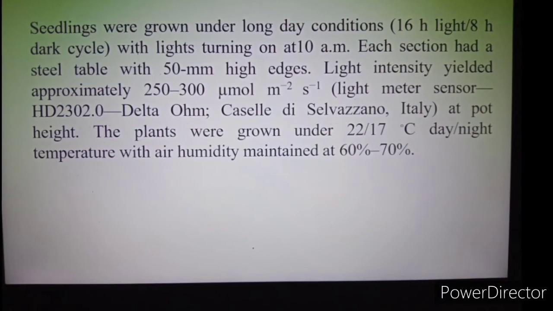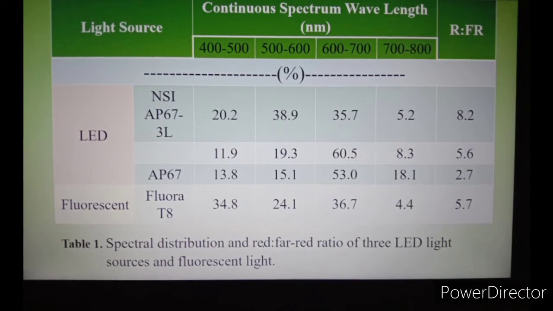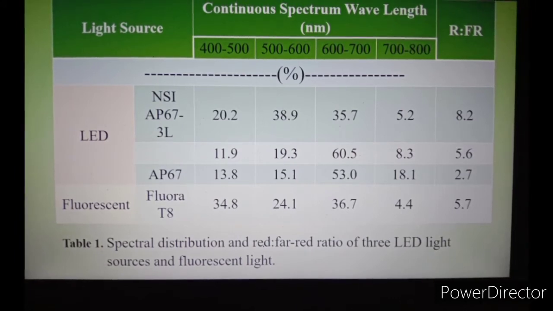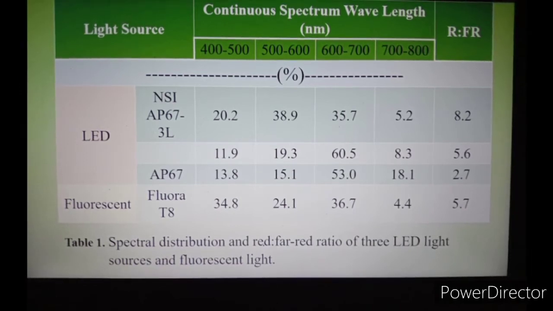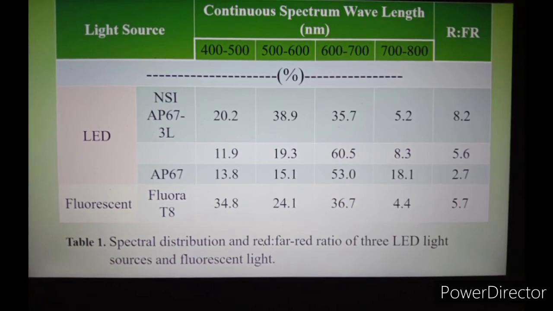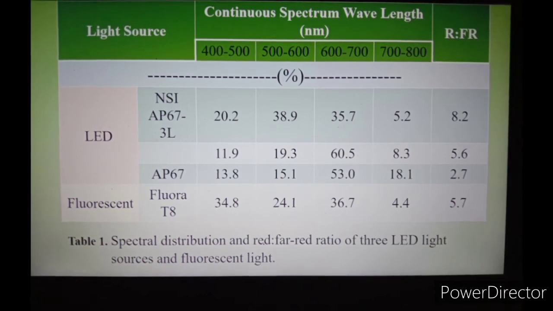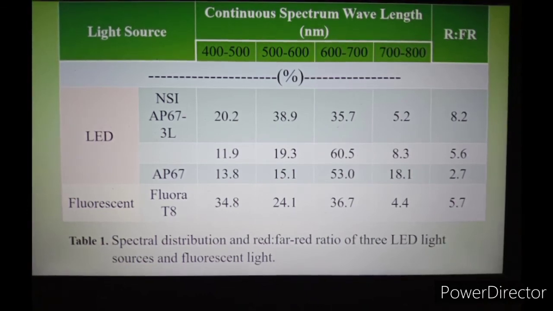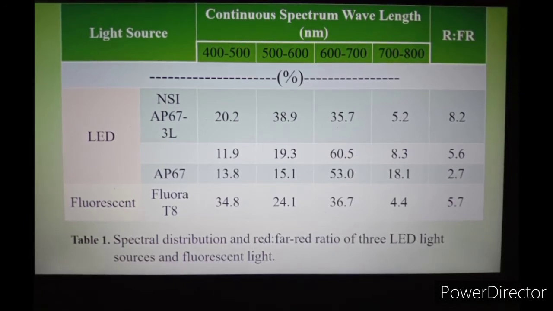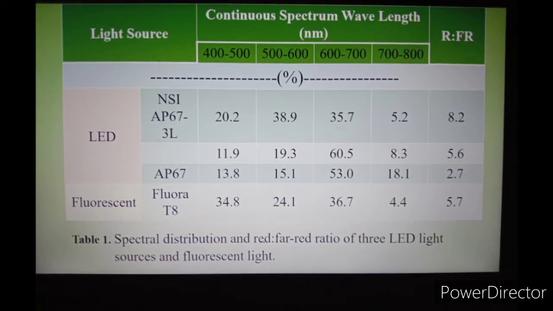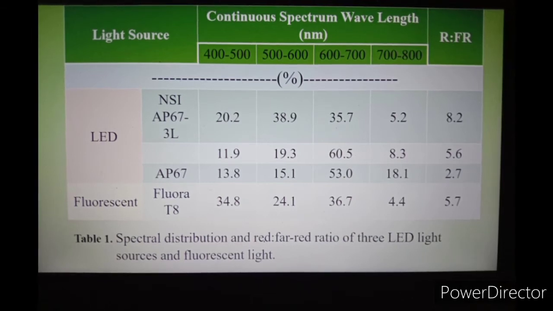In our first table, you can see the spectral distribution and red to far red ratio of 3 LED light sources and fluorescent light. So in this study, they use a light source which is LED and fluorescent. And in continuous spectrum wavelength, there is 400 to 500, 500 to 600, 600 to 700, and 700 to 800. And the last one is the red to far red ratio of LED light.